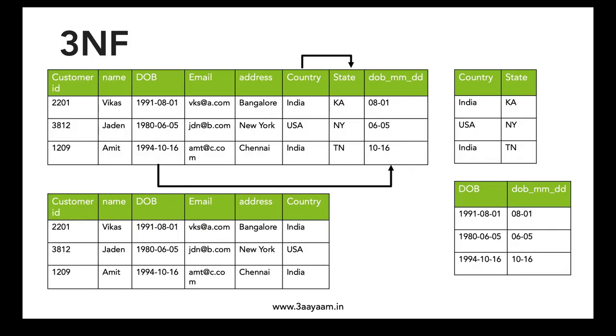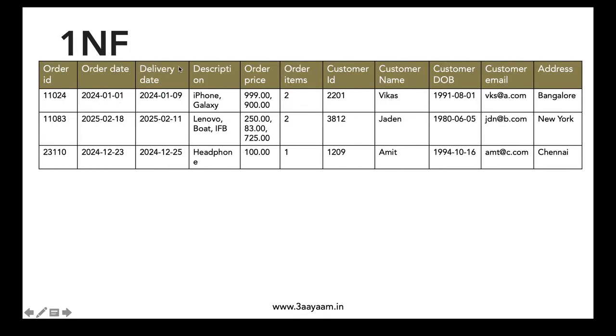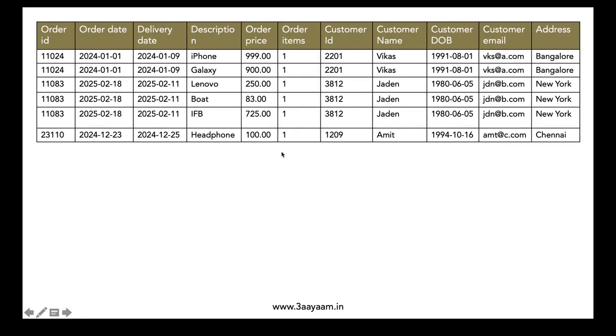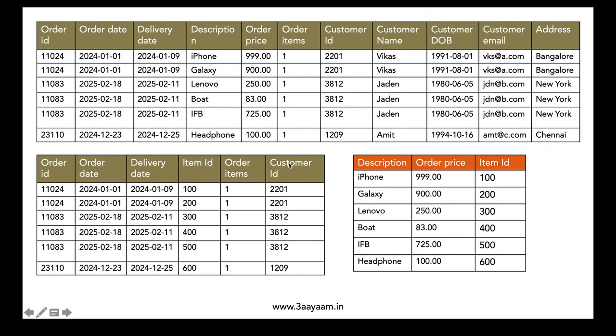So what we have done, we have taken this particular table which was not in any form. Then we first converted it to first normal form using this, and this is the table which is in first normal form. Then we took the table in first normal form and converted it to second normal form by breaking them down and using the 2NF definition that the non-key attributes should be completely dependent on the primary key.